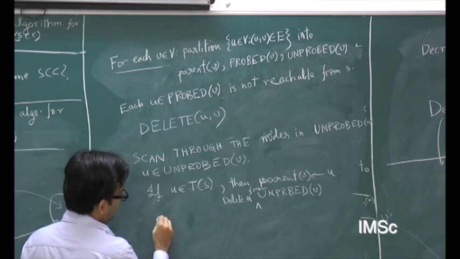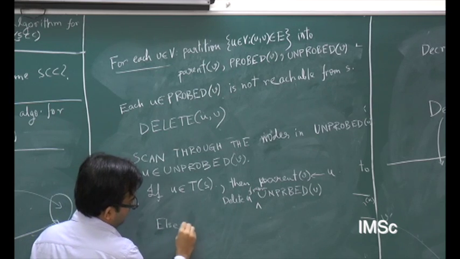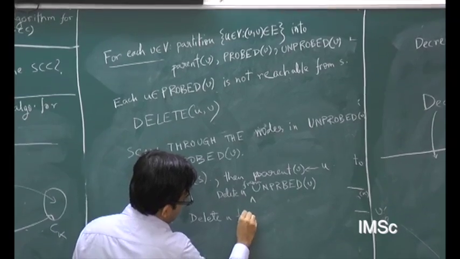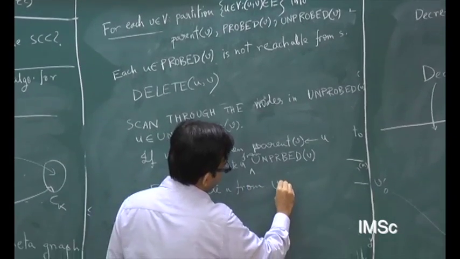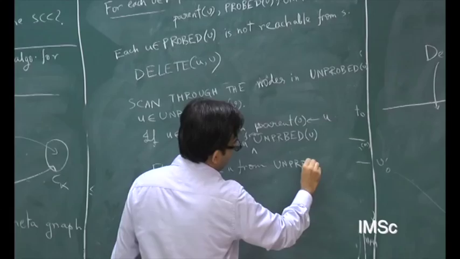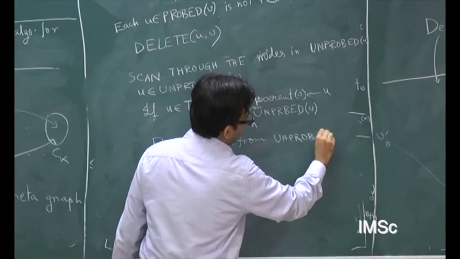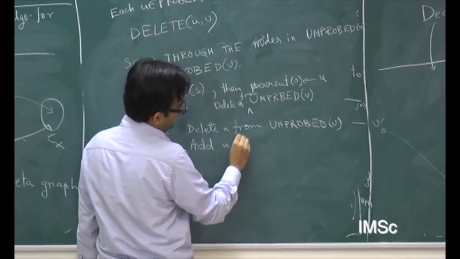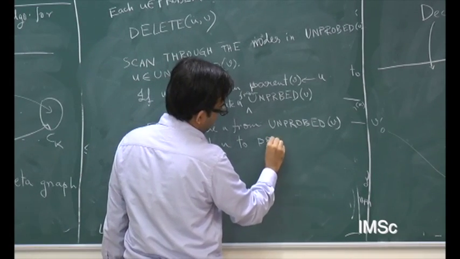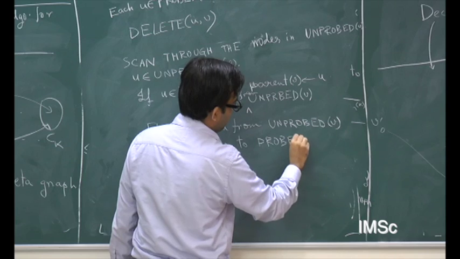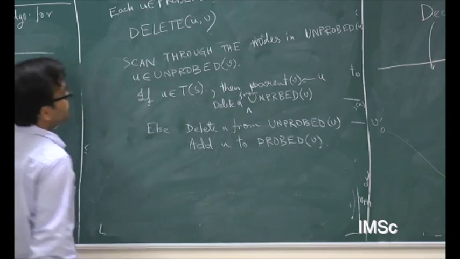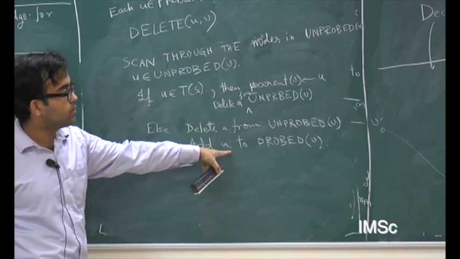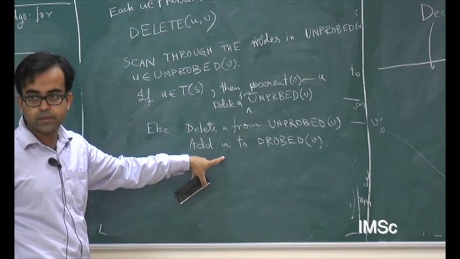Otherwise, delete U from unprobed V, add U to probed V, right, because U is not reachable from S, you have decided.